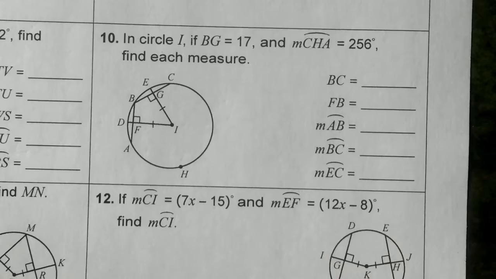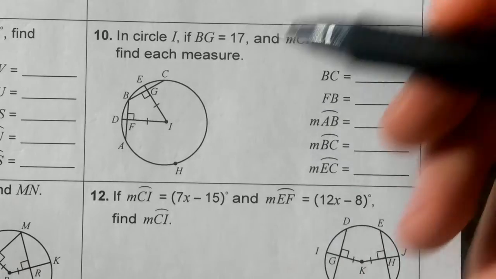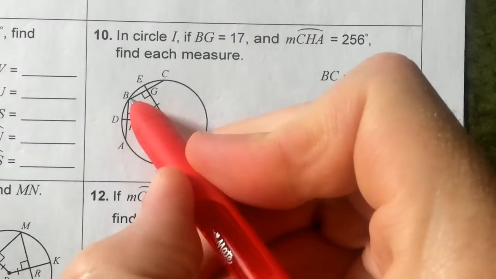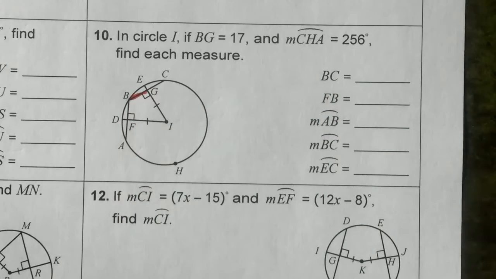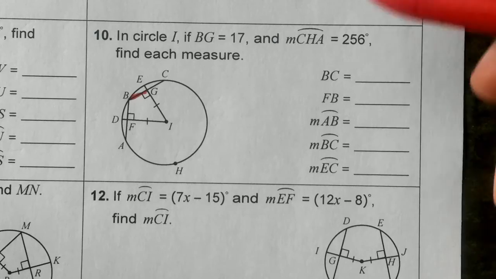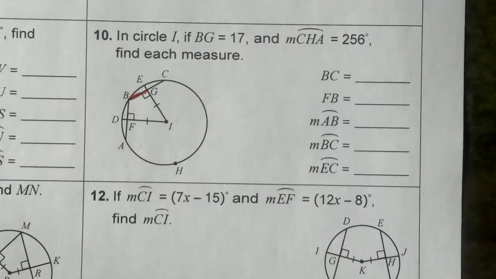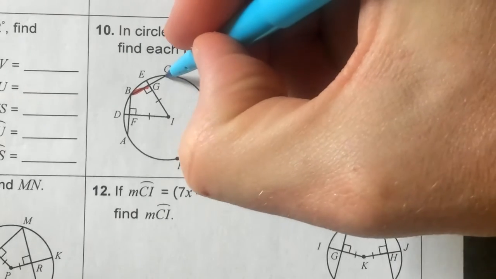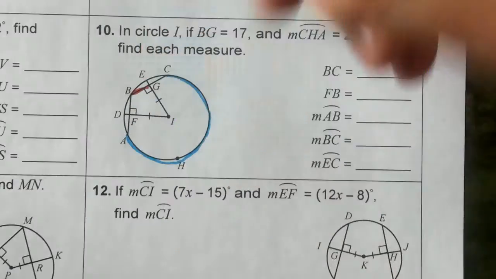Okay, so in circle I, in this circle, if BG, now let's find BG, it's this little section right here. Try to color it red. If BG is 17 and the measure of CHA is 256, okay, CHA, start at C, you go through H, around to A, it's all that.